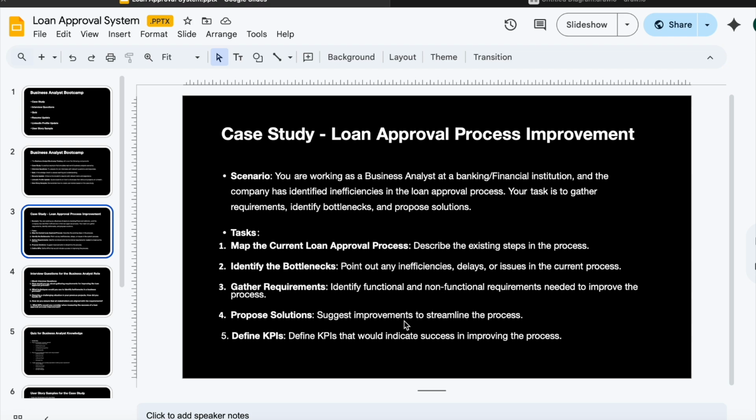So define the type of requirements, functional requirements, non-functional, that you would need to gather to improve the process. Fourth step is propose solution. Suggest possible solutions to streamline the loan approval process. Finally, KPIs for success. What key performance indicators, KPIs, would you use to measure the success of the new process?